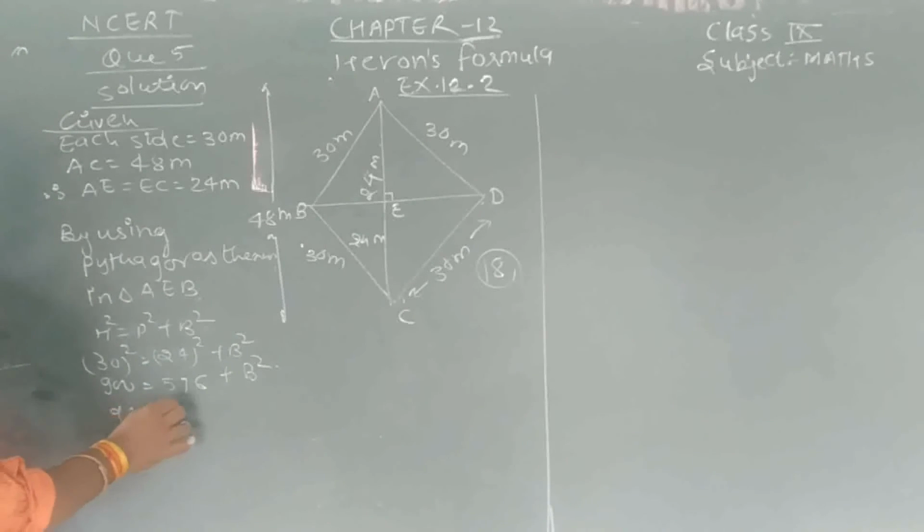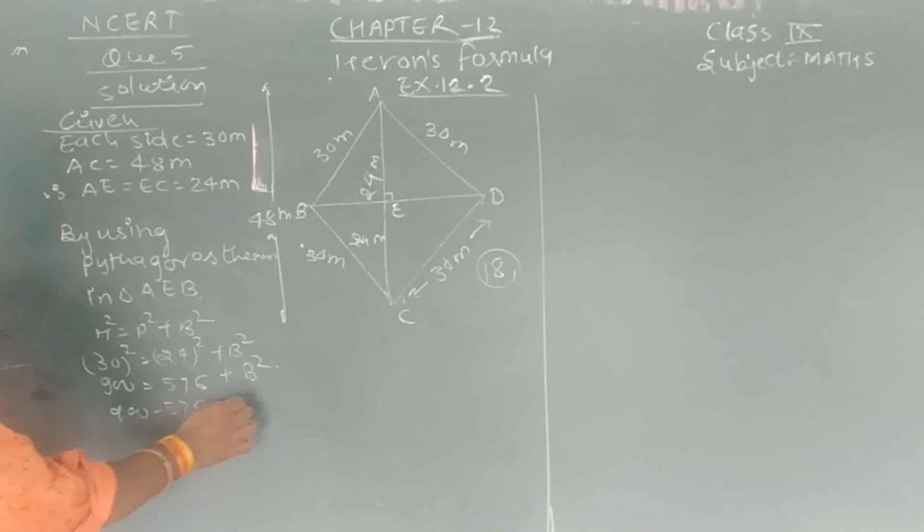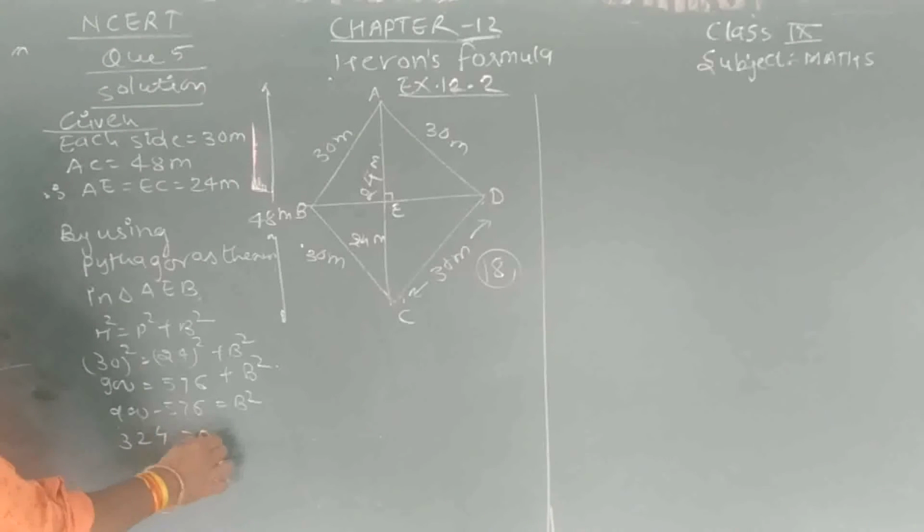So 900 minus 576 is equal to base square, which is 324. We know that 324 is the square of 18, therefore base is equal to 18 meters.